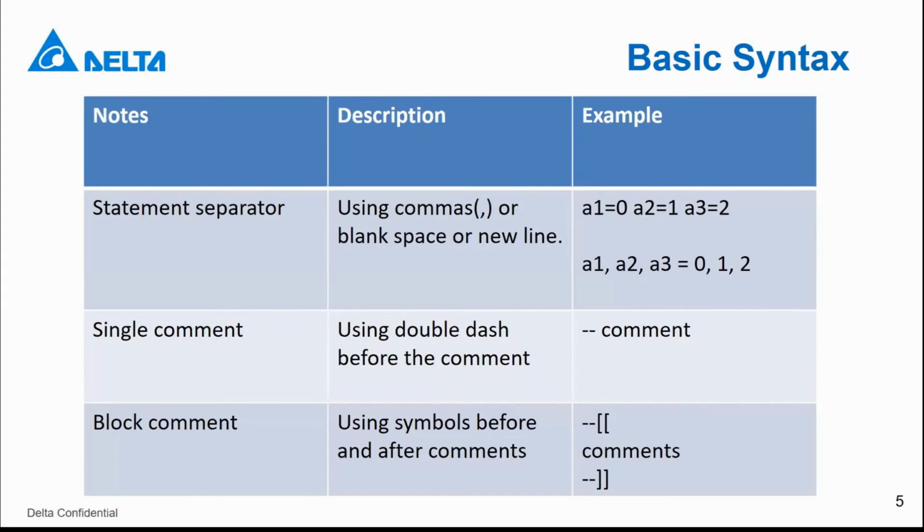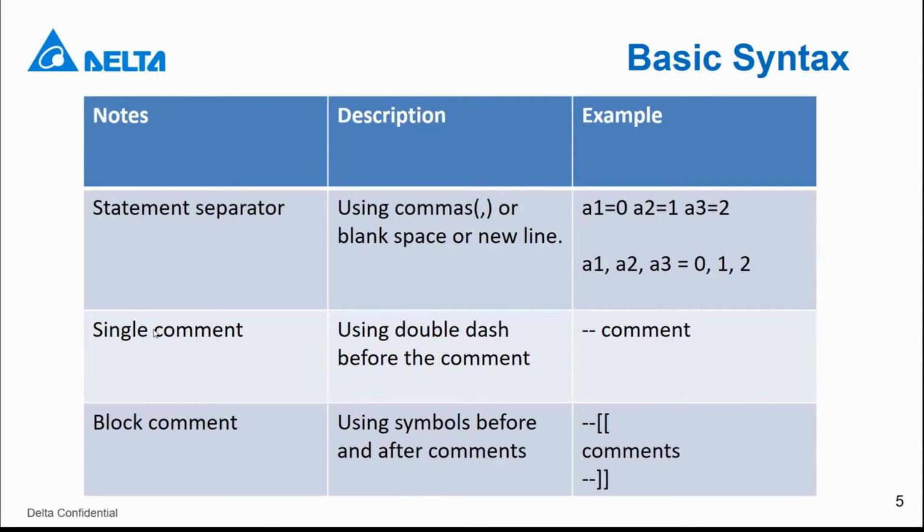In the robot language, you can use commas, a blank space, or a new line. For example, on the right, one statement is separated by a blank space, and you can also do like the second line here, separated by commas.